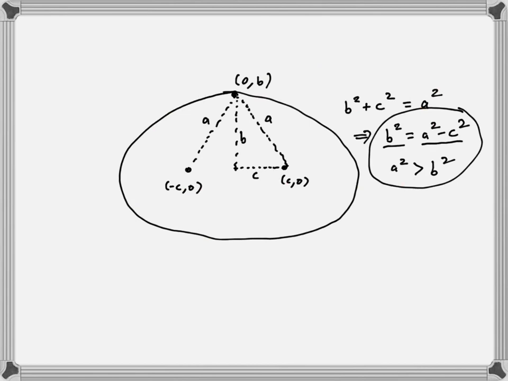So going back to this picture, if you were to actually look at your ellipse, we have the following. We have x squared over a squared plus y squared over b squared is equal to 1.